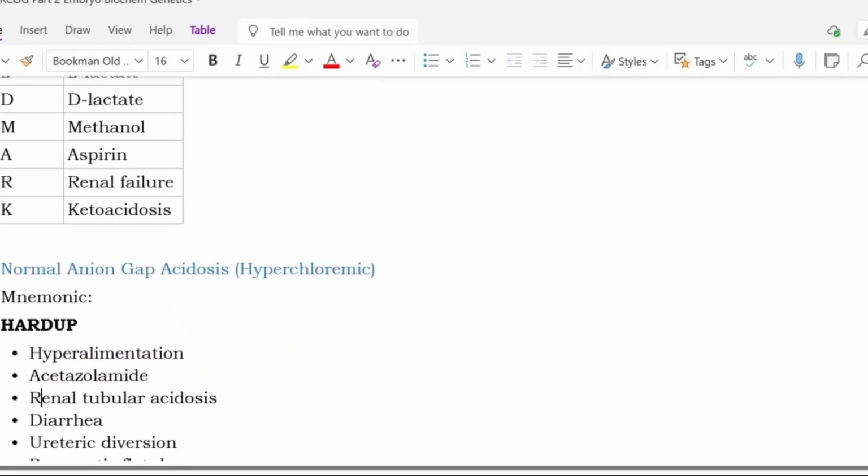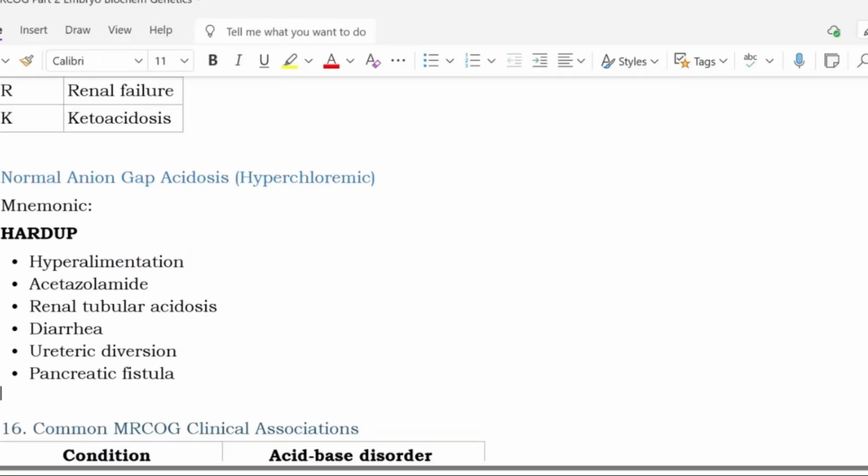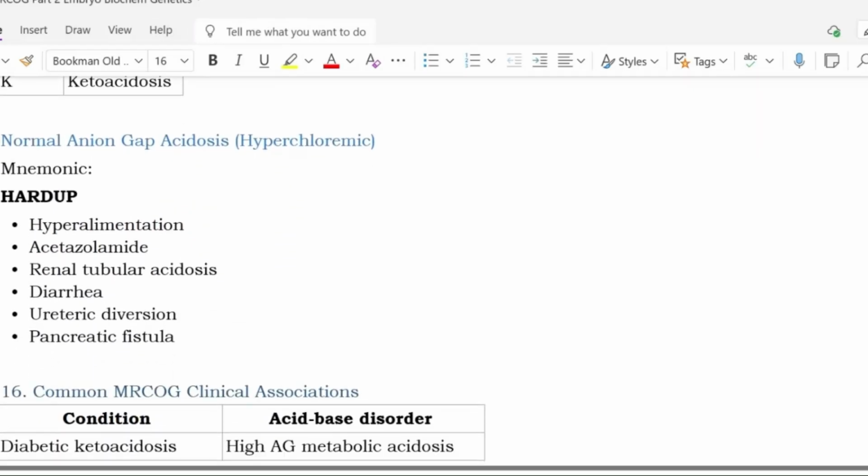Second is a normal anion gap acidosis, that is hyperchloremic. This hyperchloremic, normal anion gap acidosis, is seen with hyperalimentation, acetazolamide, renal tubular acidosis, diarrhea, ureteric diversion, and pancreatic fistula. So bowel related conditions, kidney related conditions and drugs, you remember.